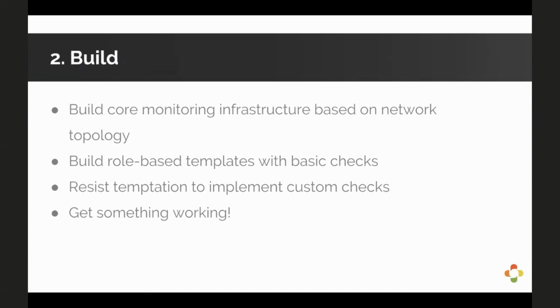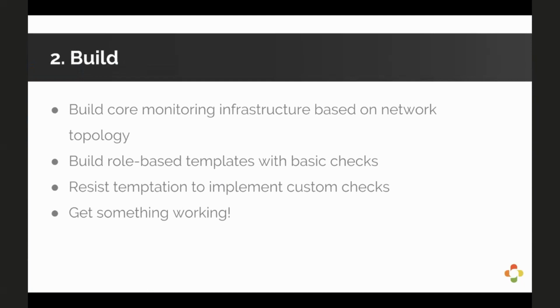Then the second step would be to build out those role-based templates with basic checks. Basically, we're trying to make sure that a sample of each of the machines in each of those roles is getting monitored correctly. One principle that we try to apply in this phase is to resist the temptation to implement a bunch of custom checks.